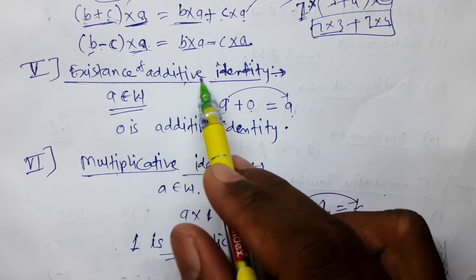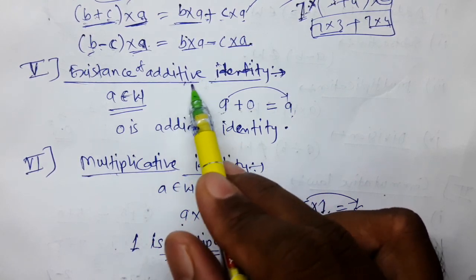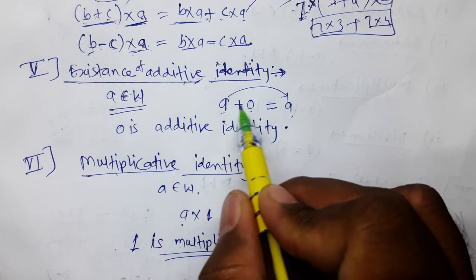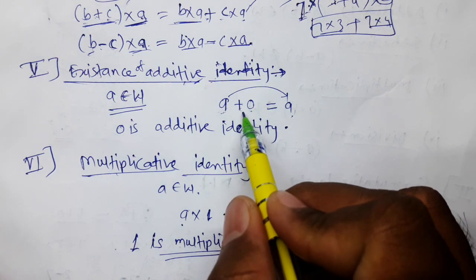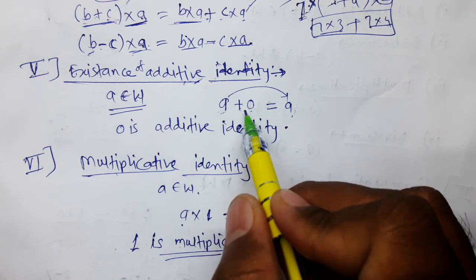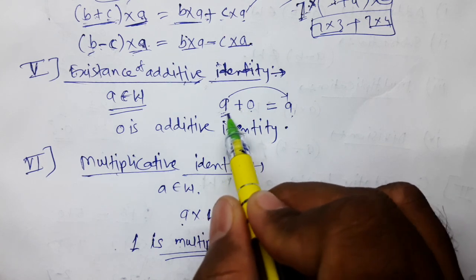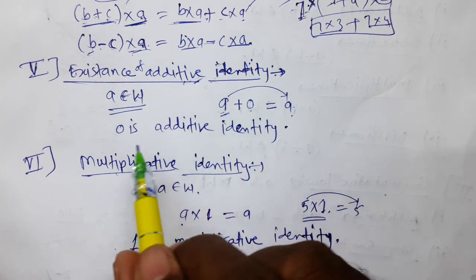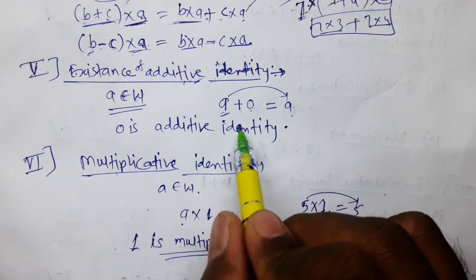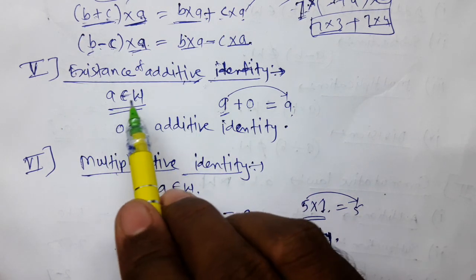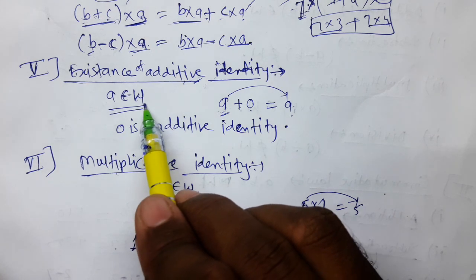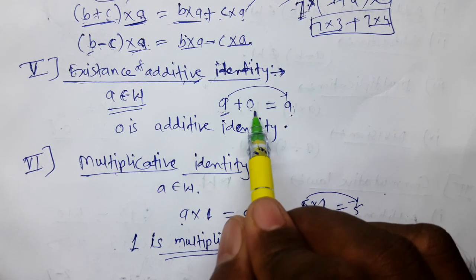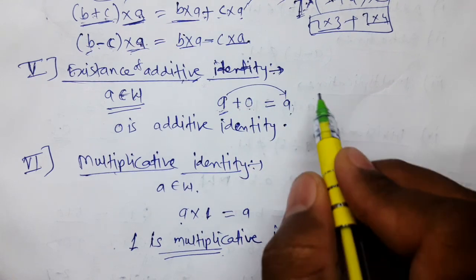So here the operation is addition. Then which number is there? When adding with A, the result is A: that is 0. So 0 is the additive identity. If A is a whole number and we add 0 to a whole number, we will get the whole number itself.